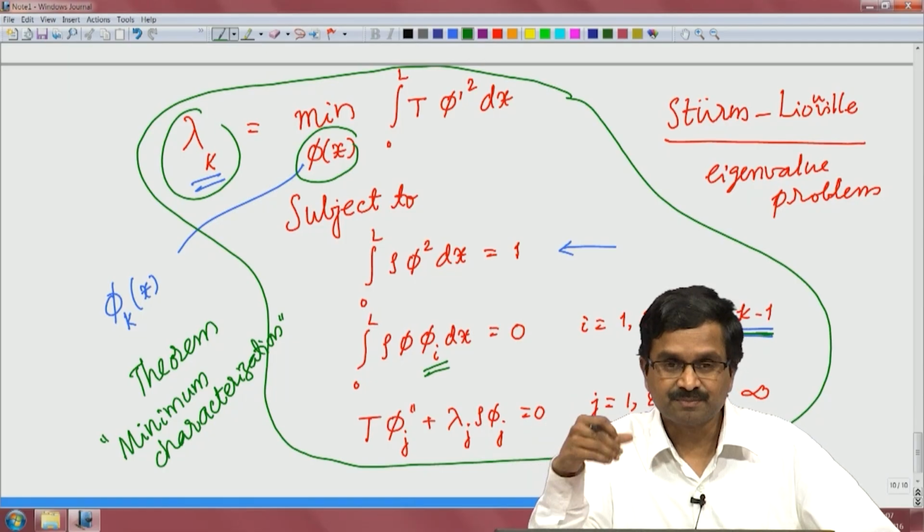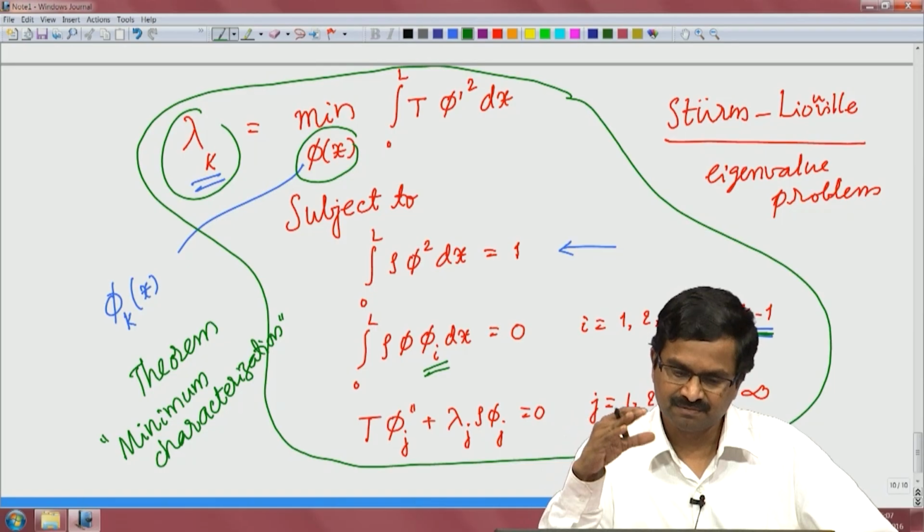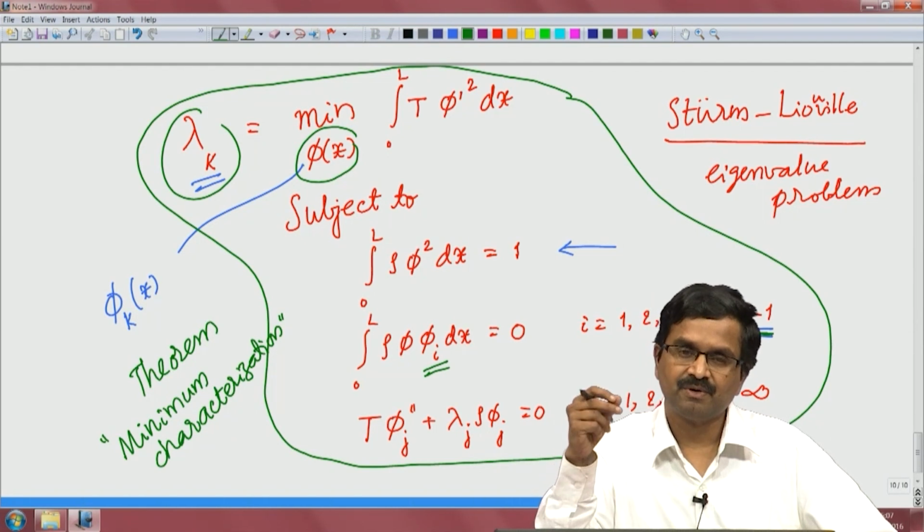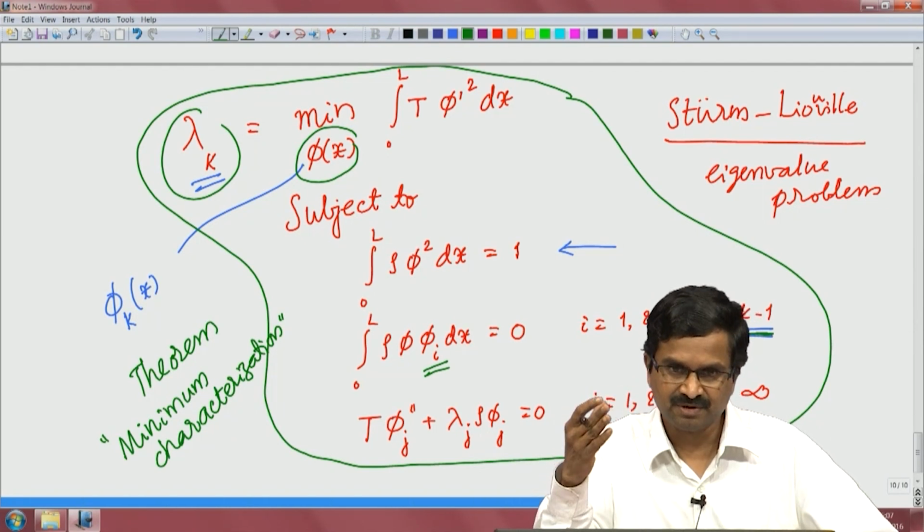That takes some time, even though it is not complicated, several simple steps are there, not unlike what we have already discussed to see how all lambdas are non-negative and the orthogonality of eigenfunctions, similar steps.